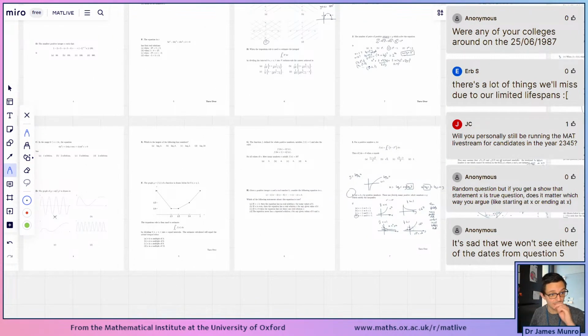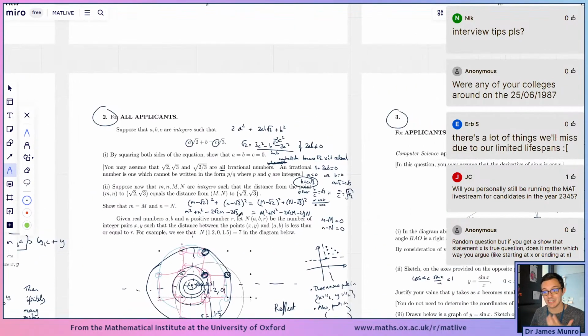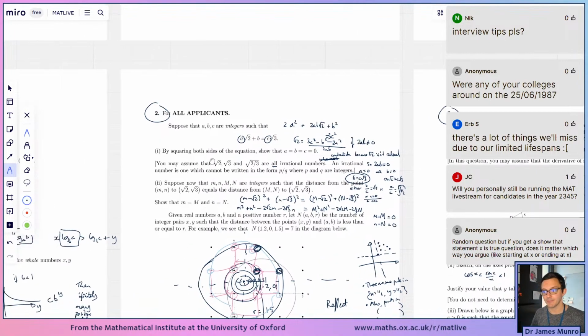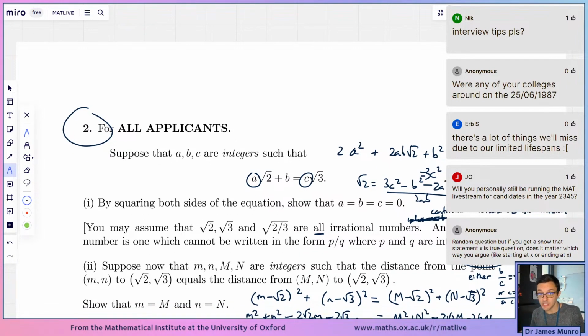Nick wants interview tips. Nick, interview questions are a bit like MAT questions, but you only get to see part of it at a time. So in an interview, I might ask someone something a bit like this first part of this MAT question, and we'll do it together. And that's good because if I want the person to go through the kind of fiddly details, I can get them to do it live.